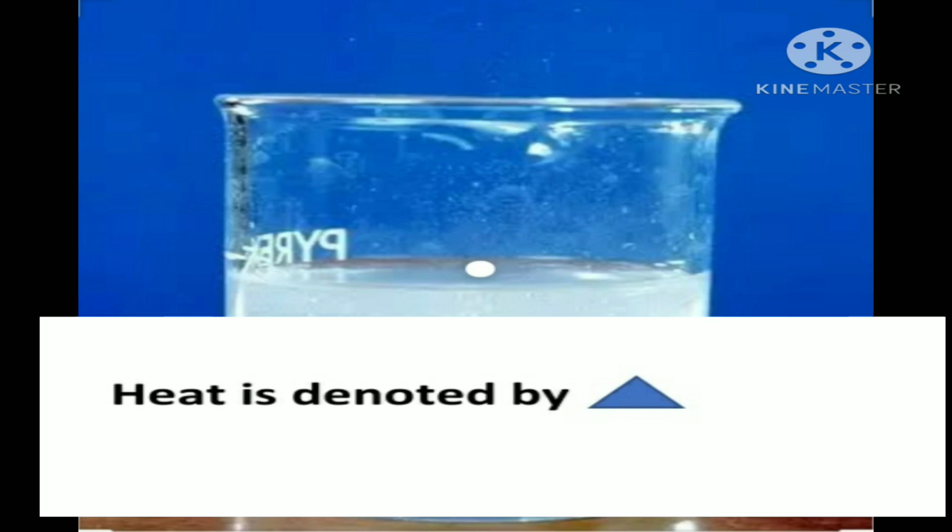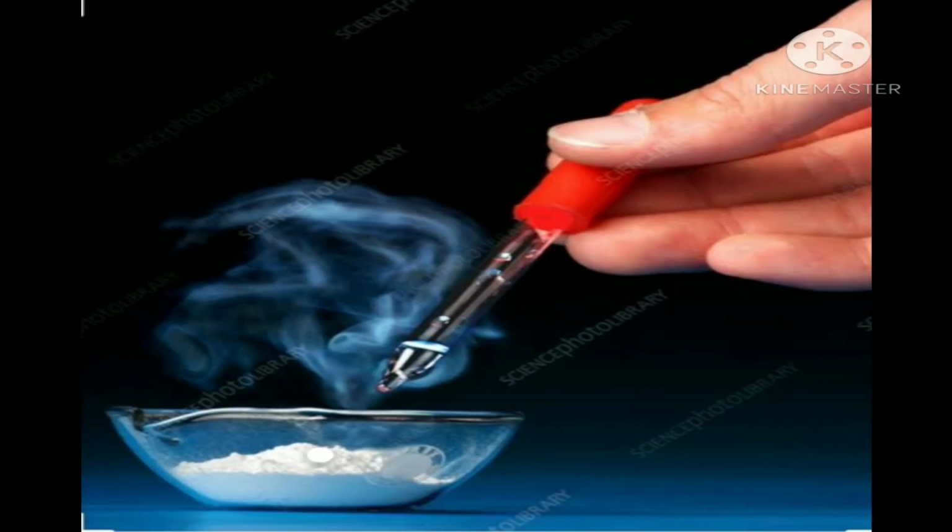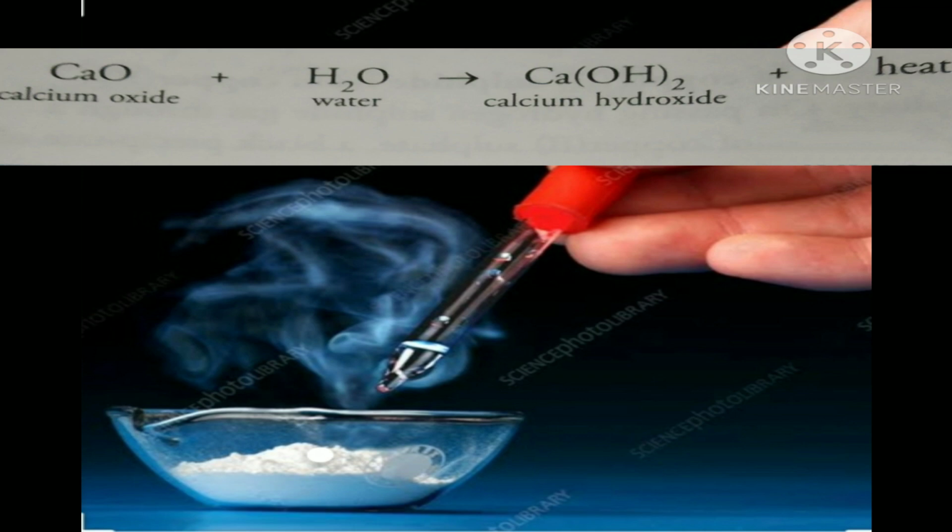Instead of writing heat, you can also use a delta sign. A delta sign indicates heat. The next reaction is between calcium oxide and water. When calcium oxide reacts with water, it produces calcium hydroxide along with a large amount of heat.